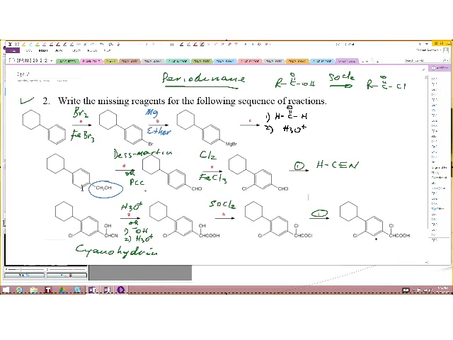What do you need? Okay. Well, in this case, just water. Just use plain water. Okay. Water, or dilute acid if you want, will hydrolyze the acid chloride to carboxylic acid.